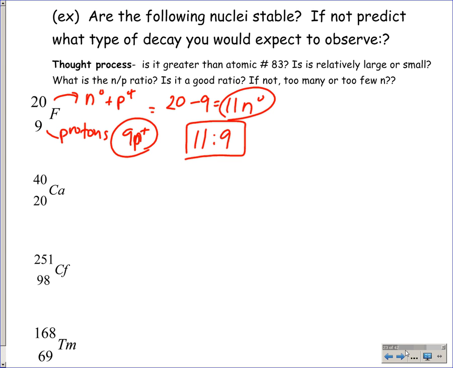Alright, after doing the math, overall, you're going to see that you've got 11 neutrons and 9 protons. So this is a little over a 1-to-1 ratio.